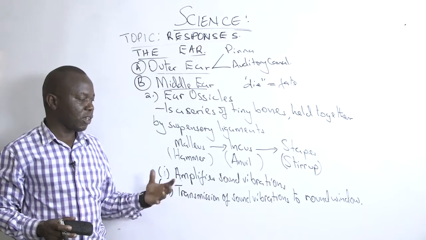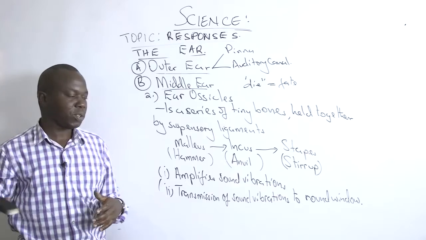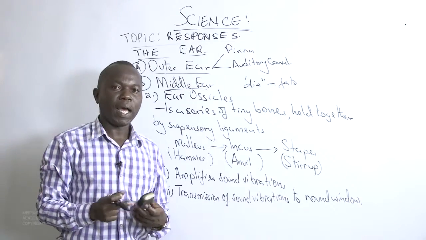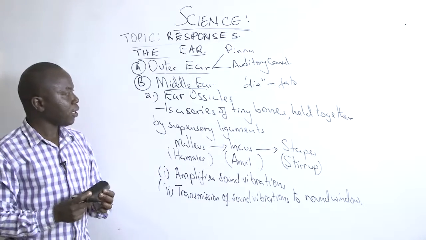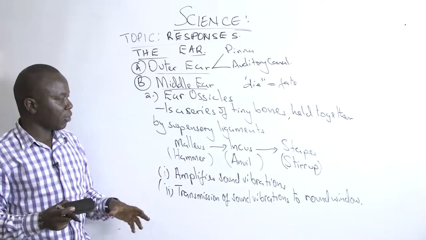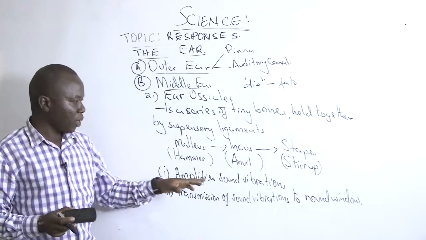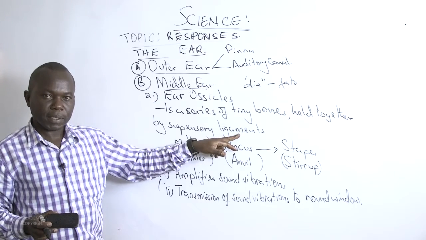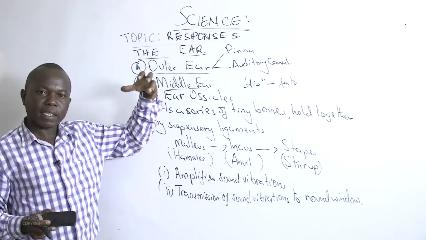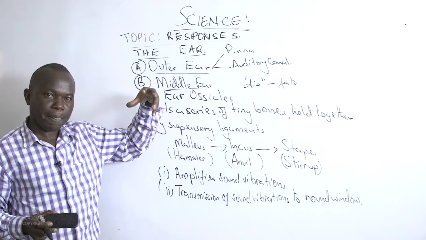And then transmission of sound vibration to the round window so that now it will let it into the inner ear. But sometimes there could be a problem if some things are not in place. This malleus, incus, stapes, in between is suspensory ligaments. But again, they are suspended in the middle ear.